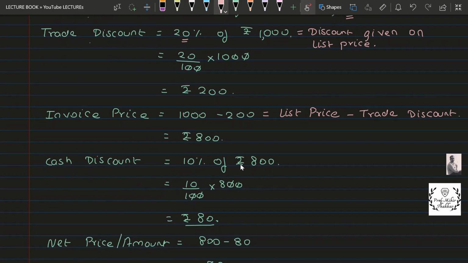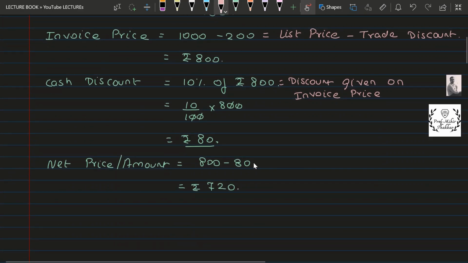Now after that, the next thing is the cash discount. It is 10% of 800. So you can understand from here that cash discount is nothing but discount given on the invoice price of the article for payment of cash. If cash is not paid, then you won't get this cash discount. Finally, the net price. How did we calculate the net price?